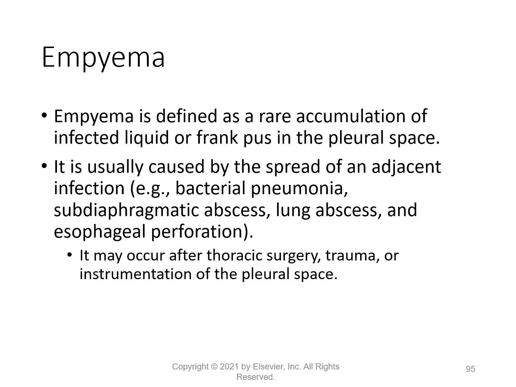Empyema, as I mentioned, is an accumulation of infected liquid or pus in the pleural space. It's usually due to a very significant infective event, and it comes from direct spread of that adjacent infection. Usually the infection is going to be in the respiratory system, but there is a possibility of a subdiaphragmatic abscess.